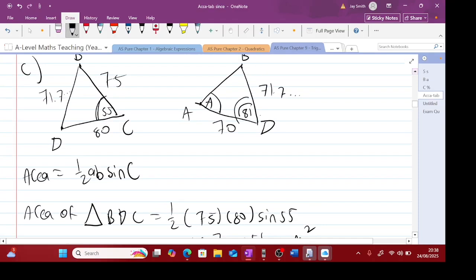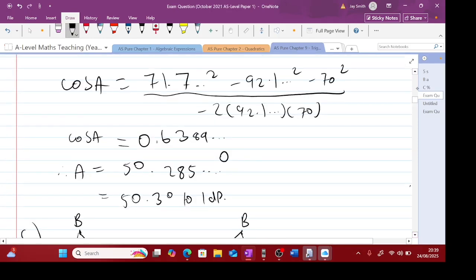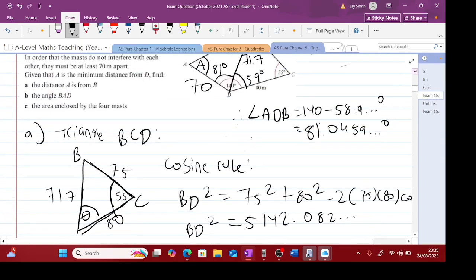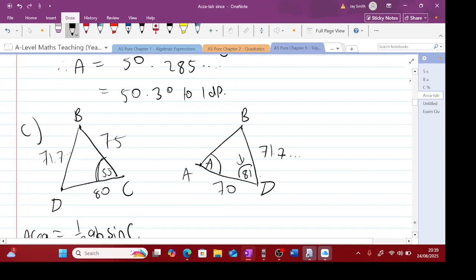Now the area of this other one. I've got this angle 81 in between these two sides, 71.7 and 70. And this 81, remember, is this decimal angle here, a large one, which I've stored as C in my calculator.